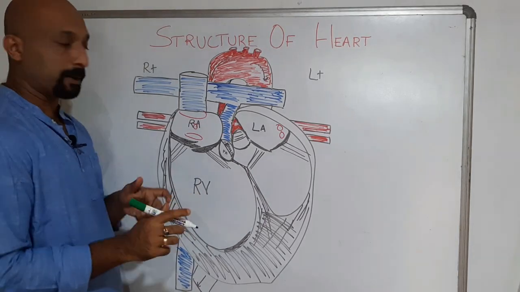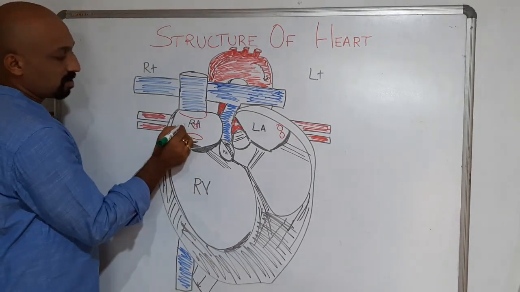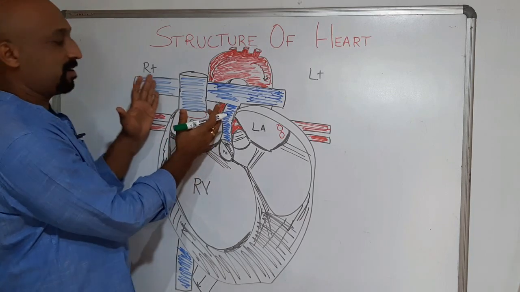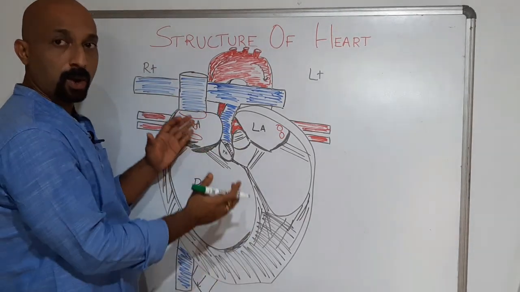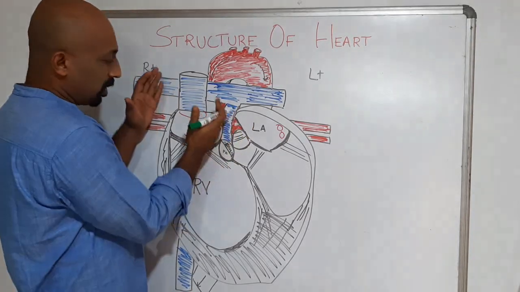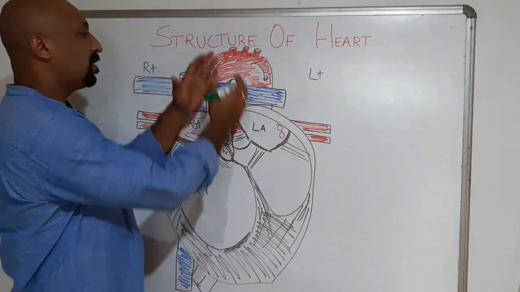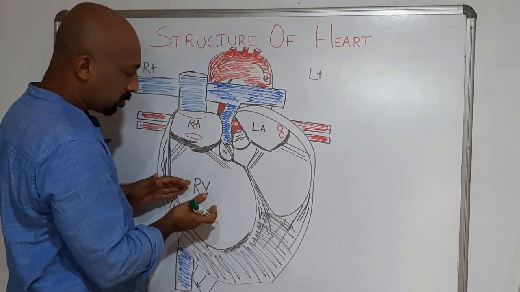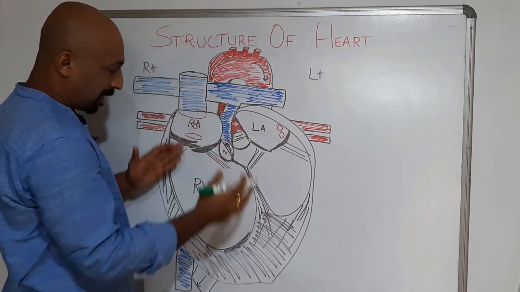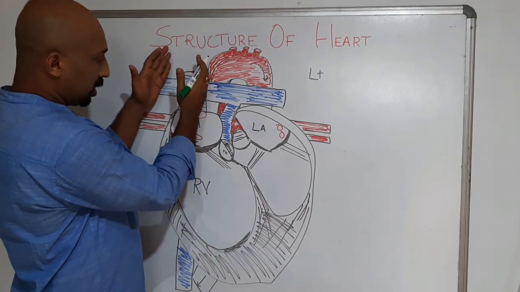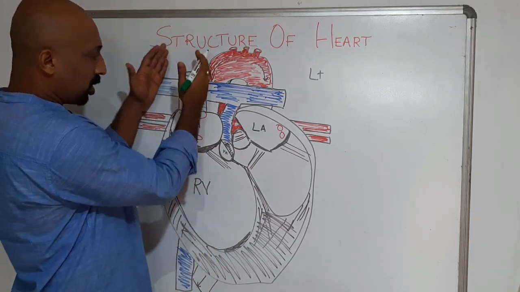Just to label it. So I already said this is the right side. Start from the right side. Whatever the impure blood, the deoxygenated blood, comes into the right side first, and then it comes to the right ventricle. Whatever blood is there in the body is collected by two big veins in the body.